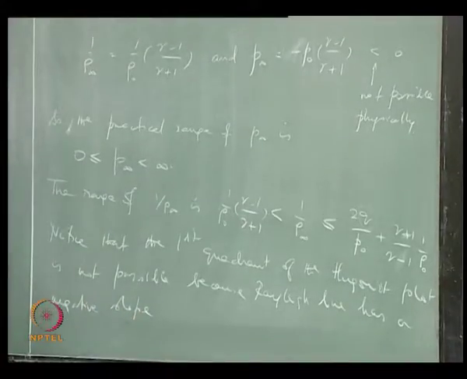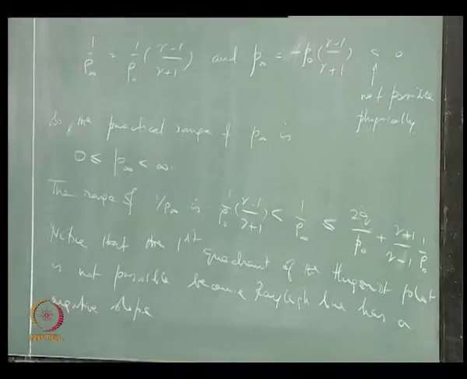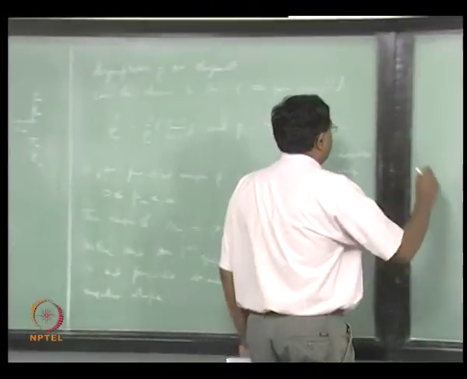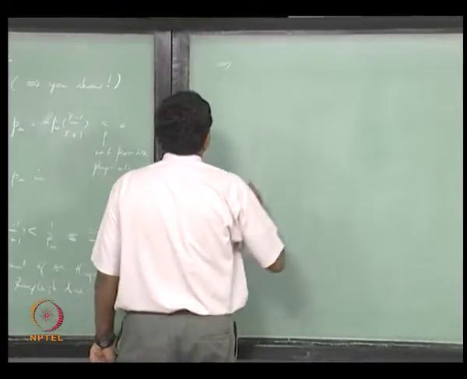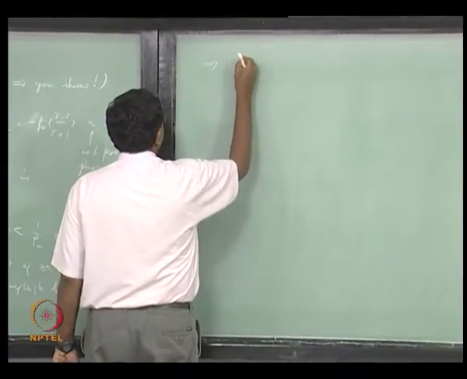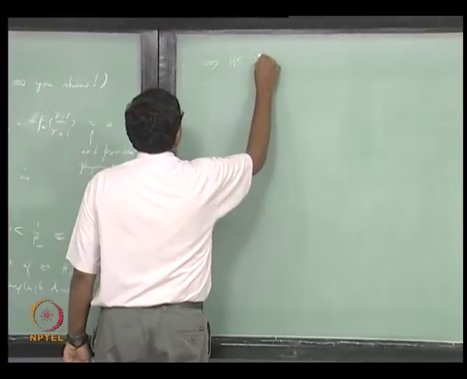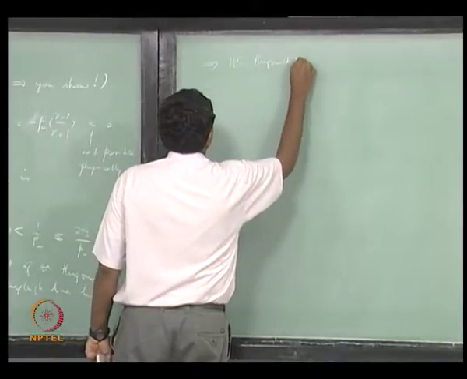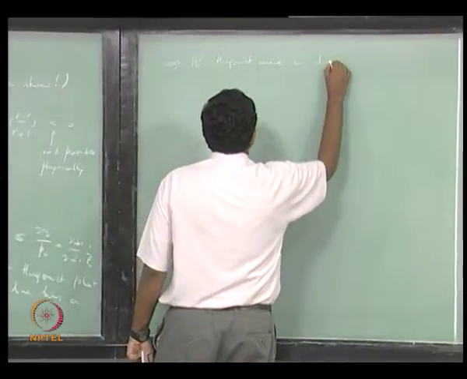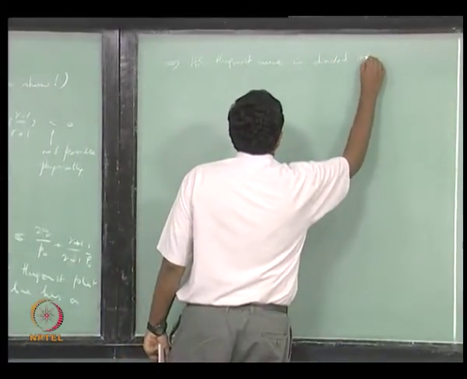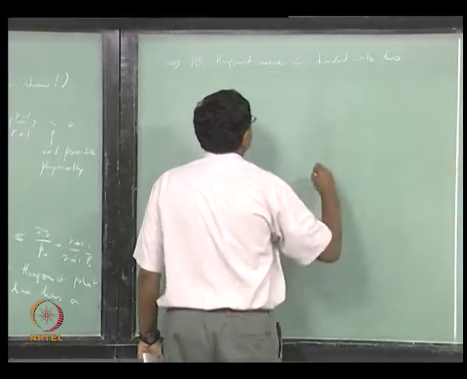So this divides the Hugoniot into two parts, the upper branch and the lower branch. So you can now begin to see what the limits are for each of these branches. The Hugoniot curve is divided into two branches.